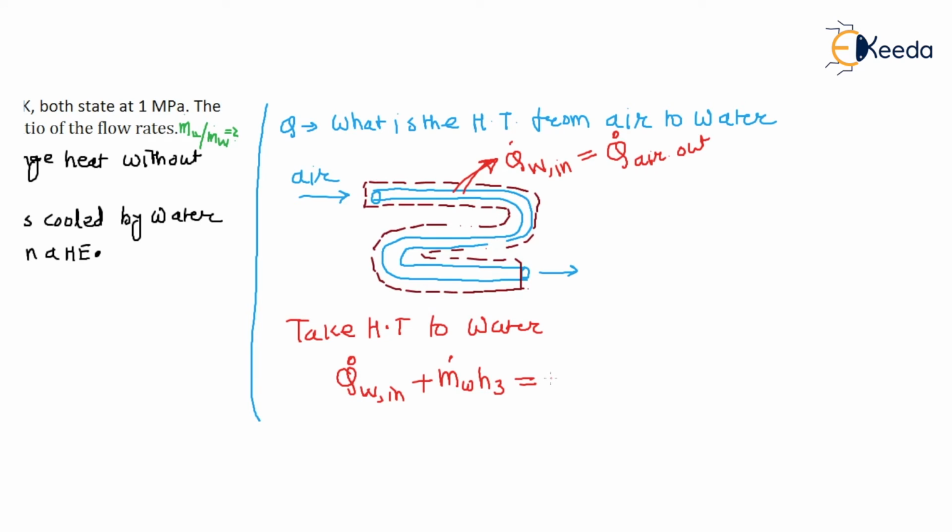What is out? Mass of water times H4, right? Because there is a water tube. So this is your water in and this is your water out: in is H3, out is H4.